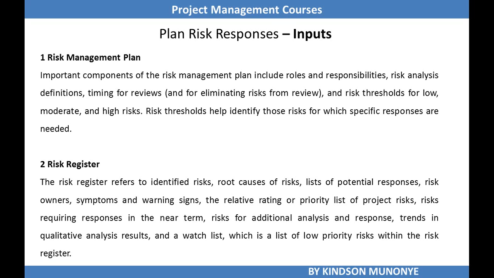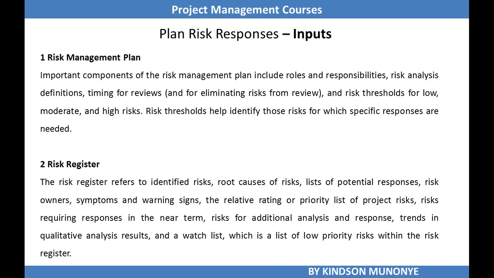Okay, now we have the risk register. The risk register refers to identified risks, root causes of risks, lists of potential responses, risk owners, symptoms and warning signs, the relative ratings or priority of the risks, the risks requiring responses in the near term, the risks for additional analysis and response, trends in qualitative analysis results, and watch lists of low priority risks within the register.